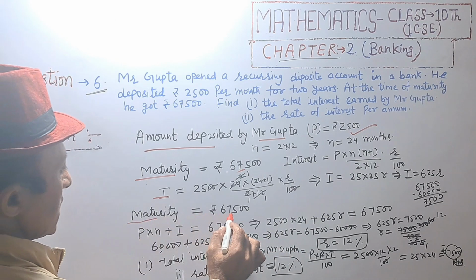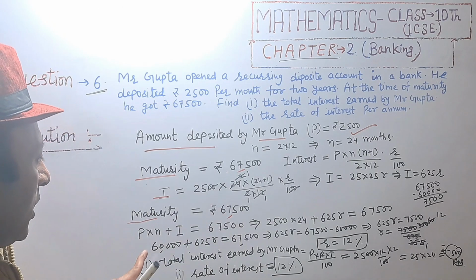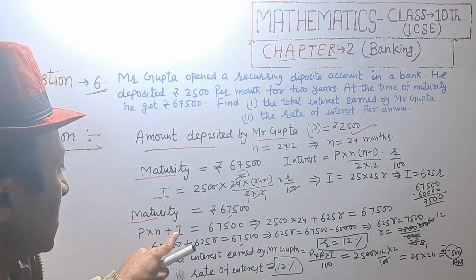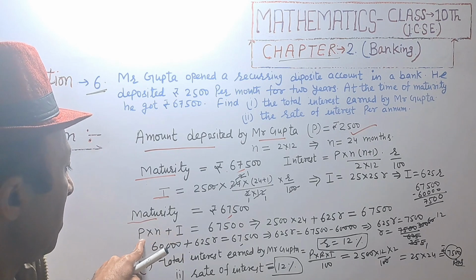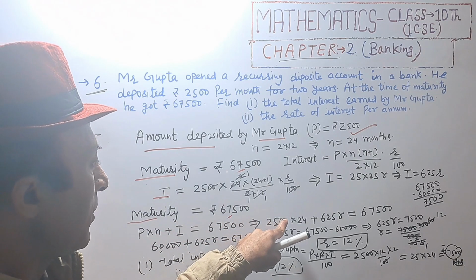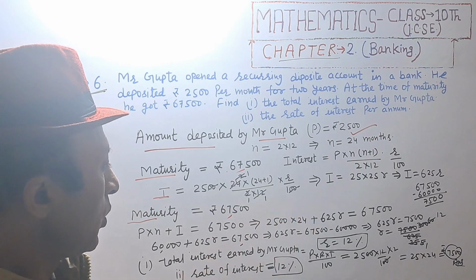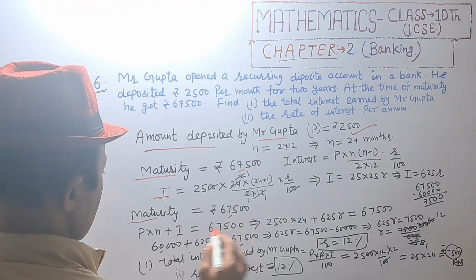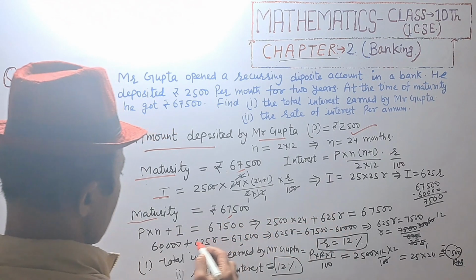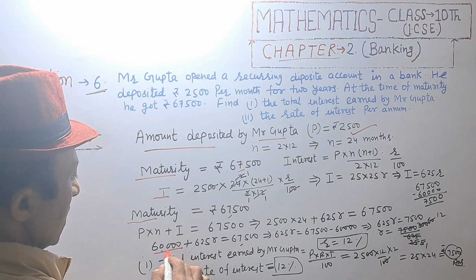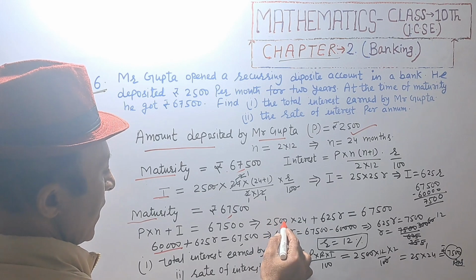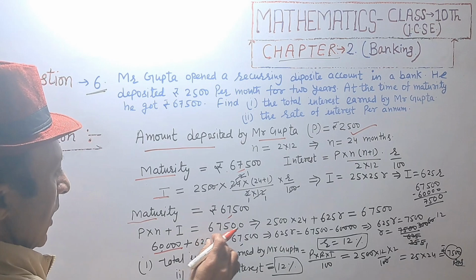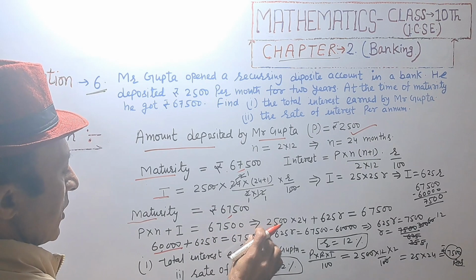Maturity is equal to 67,500. That maturity equal to P into N plus I, and P into N means 2500 into 24, that is equal to 60,000. 2500 into 24 is 60,000 plus 625R is equal to 67,500.